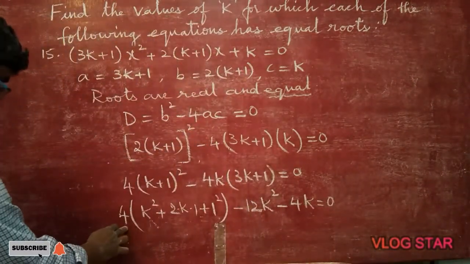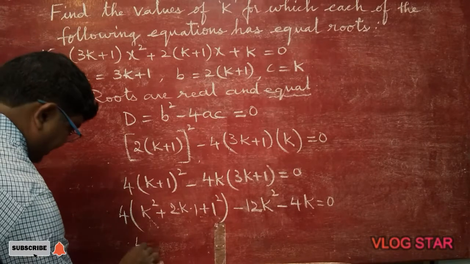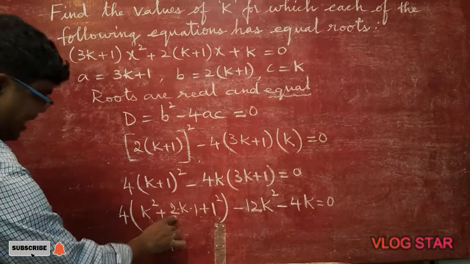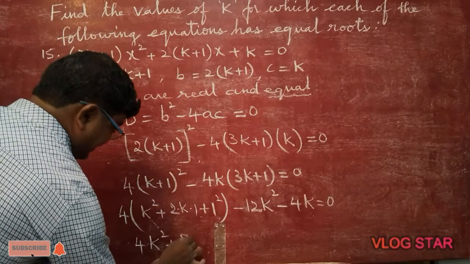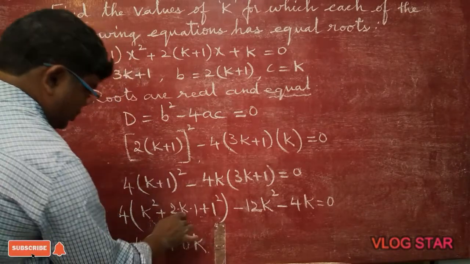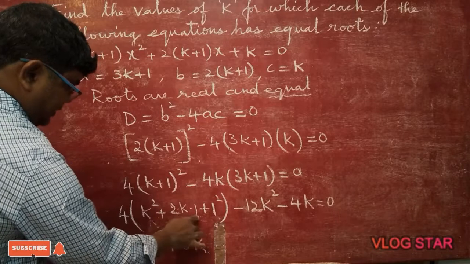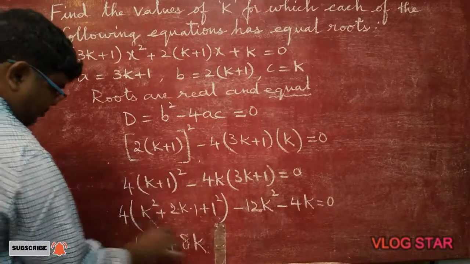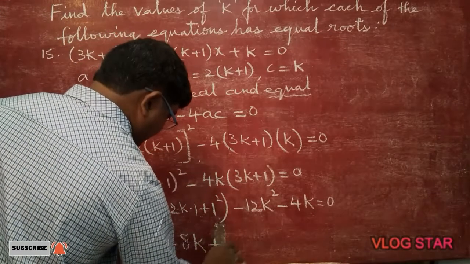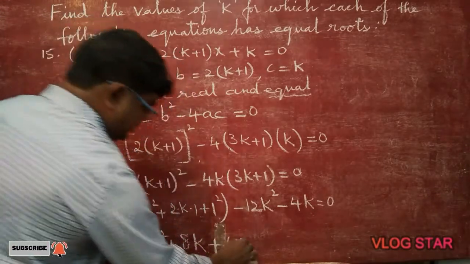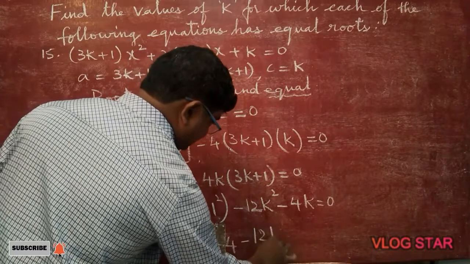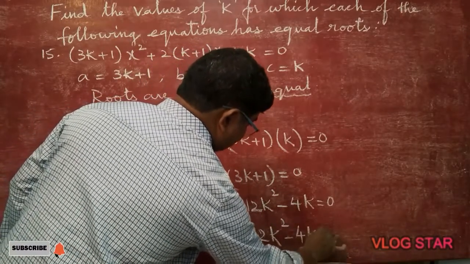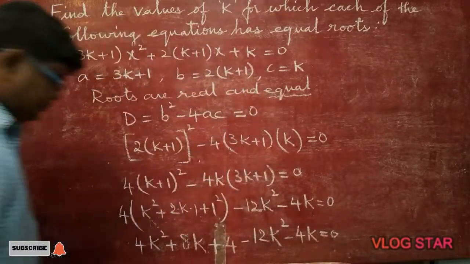Simplify with 4k square plus 4 twos are 8k, because 2 into k into 1 is 2k into 4 is 8k, plus 1 square means 1 only, 4 ones are 4, minus 12k square minus 4k is equal to 0.